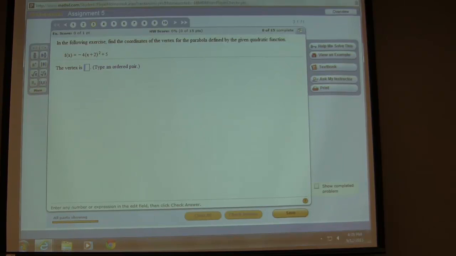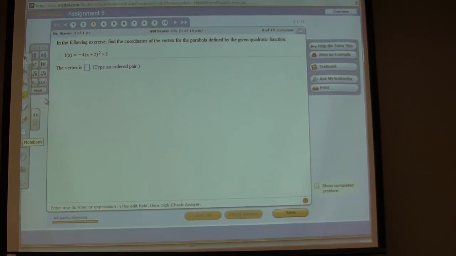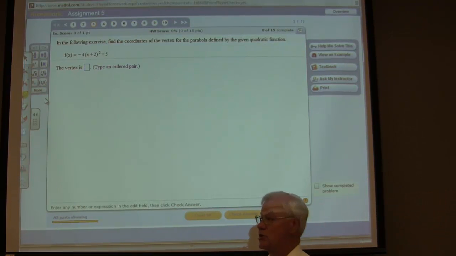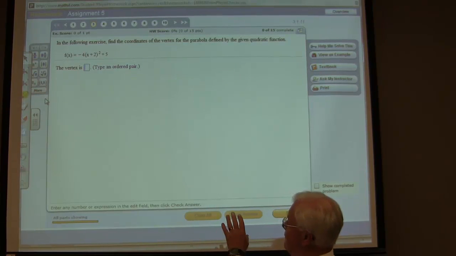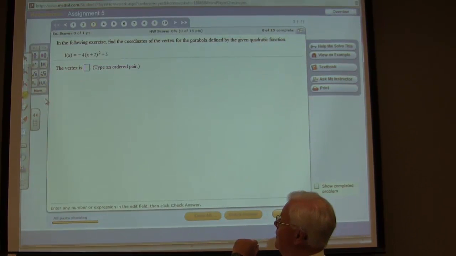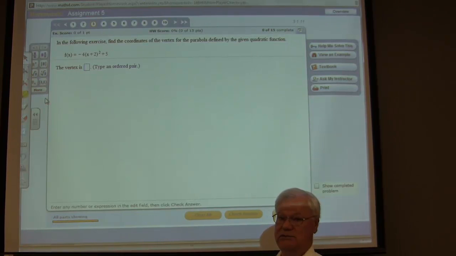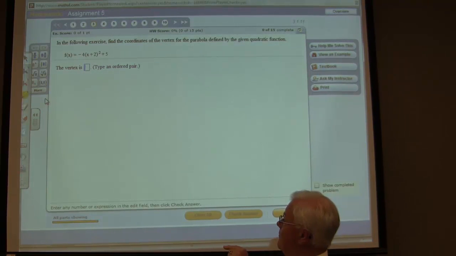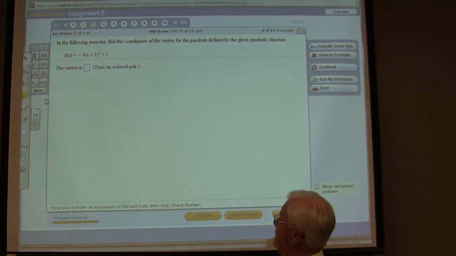Now looking at this graph, in the following exercise it says find the coordinates of the vertex for the parabola defined in the given quadratic function. So this is kind of going backwards from what we just saw. Remember that the basic function has to do with x squared. What have we done to the x? Well, we've moved it 2, but this time we've moved it 2 to the left.